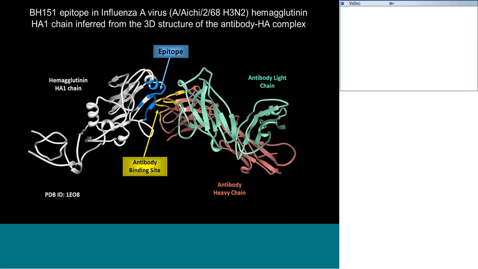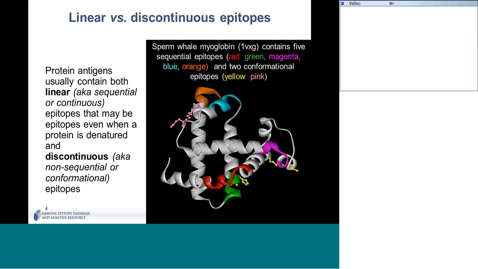When we talk about a structural epitope, you can think about that as a part of a protein, in that case the protein in white, which is recognized by an antibody. The antibody binding site is also called the paratope. We can distinguish between linear and discontinuous epitopes, and any protein can have both linear and discontinuous epitopes curated in our database.